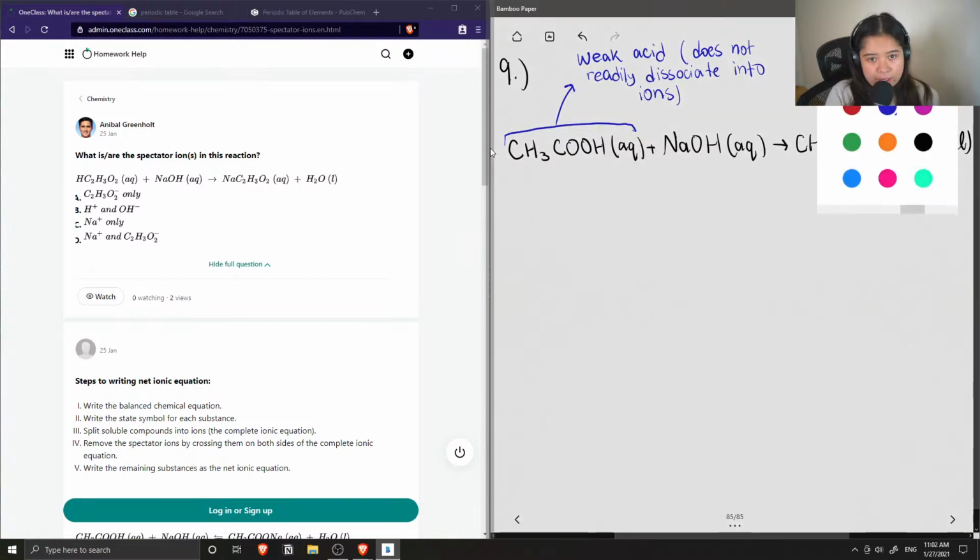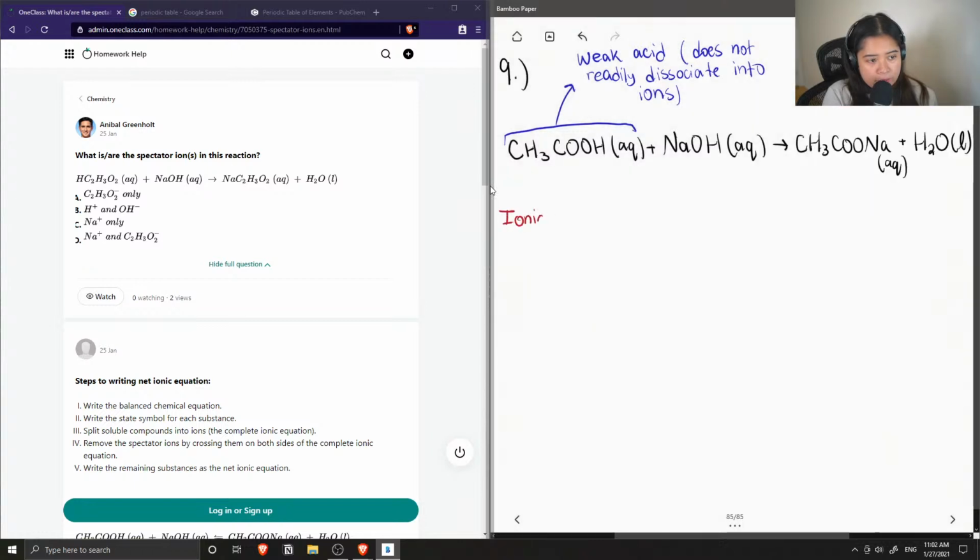So when we write out our ionic equation, our acetic acid will remain as an acid. So it's not going to separate into an acetate ion plus a proton. It's just going to remain as CH3COOH, and then the rest of our substances will separate into ions.